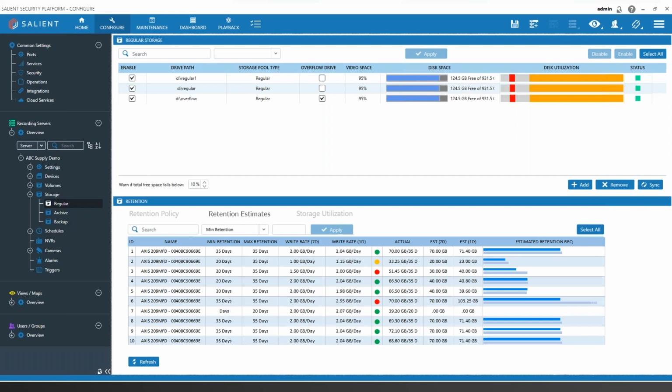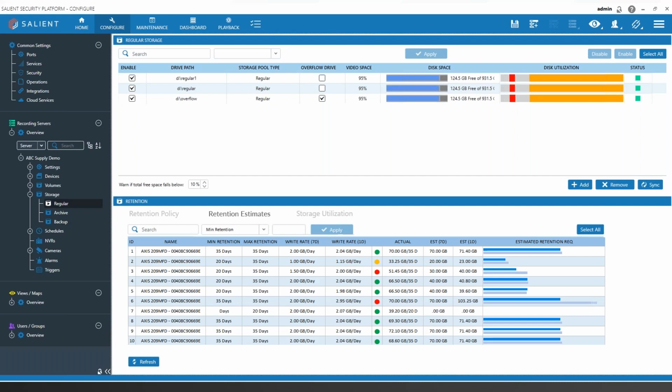And one of the things that'll catch your eye very quickly is not only do we have retention on a per camera basis, but we're tracking the 1 day write average, the 7-day write average, and providing a quick visual indicator of any cameras that are writing a little bit abnormally compared to their 7-day average. We also have a very clear set of graphs that indicate both the actual and estimated disk consumption.